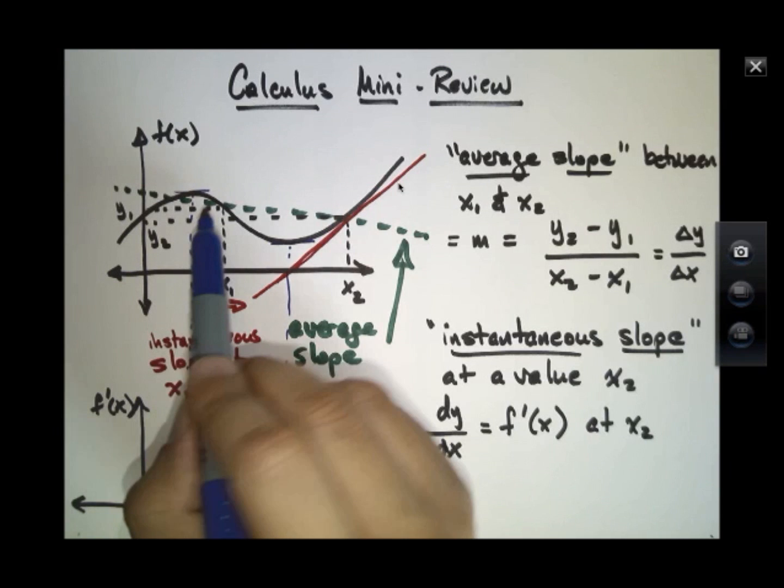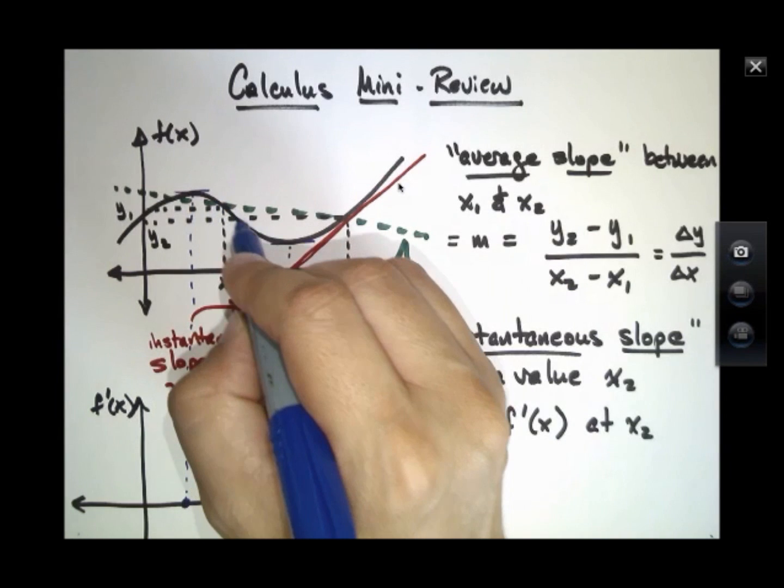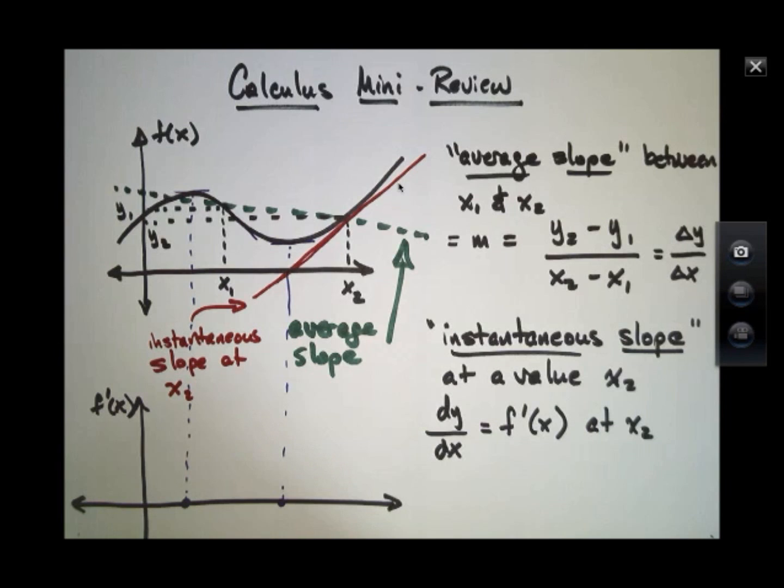If I were to draw a tangent line somewhere in this region, it would have a negative slope. So since the derivative at that location gives me the slope of the tangent line at that location, I need to be thinking about a graph that looks something like this. Now that's not necessarily drawn precisely, but it's somewhat to give you an idea of what the general trend is.